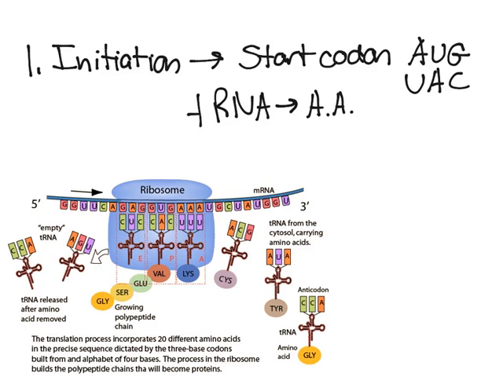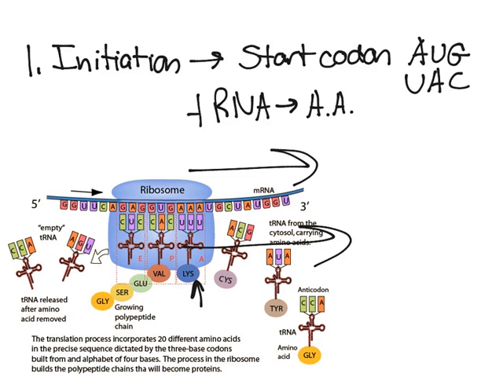And so as you can see down here, the ribosome has an A, P, and E site. Actually, let's start with the A. The A site is where the tRNA first goes to. And then the ribosome will slowly move up that way.